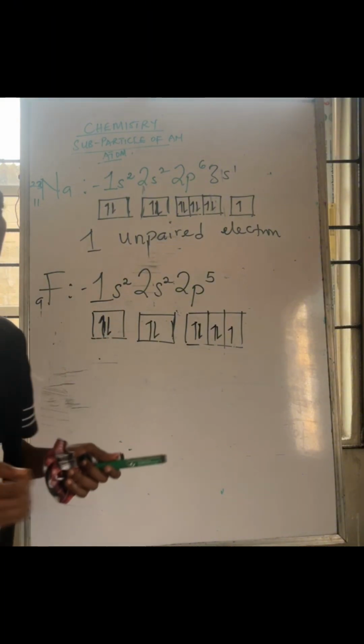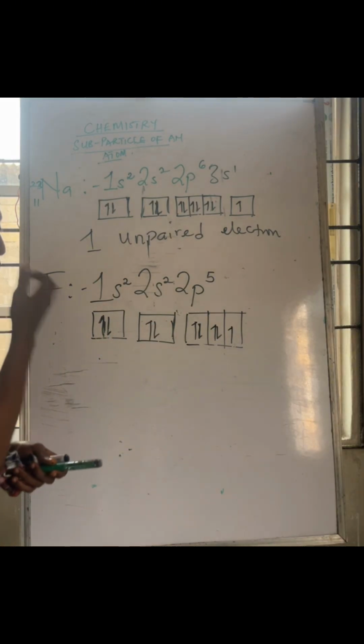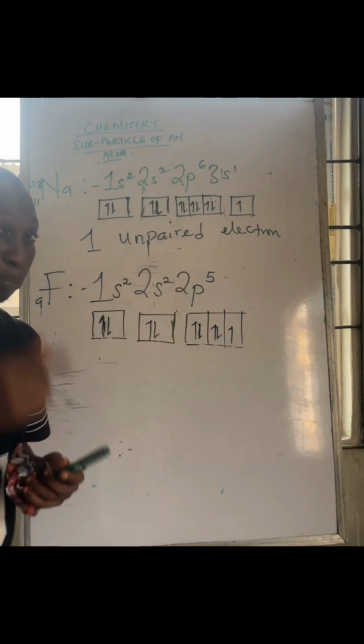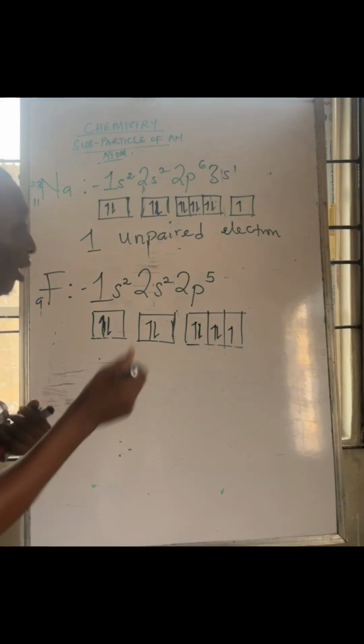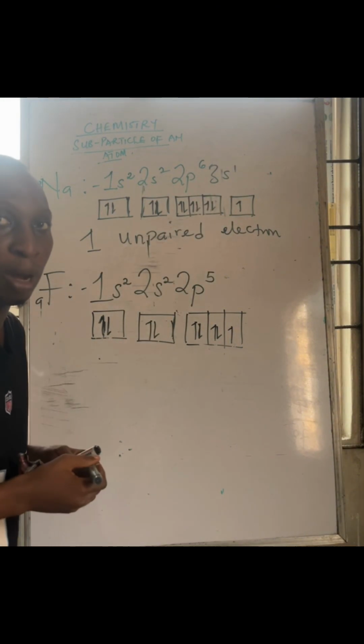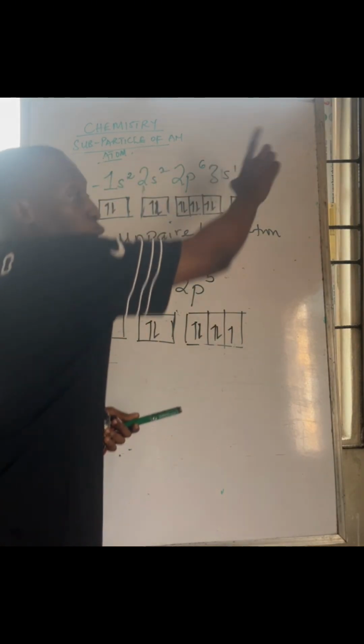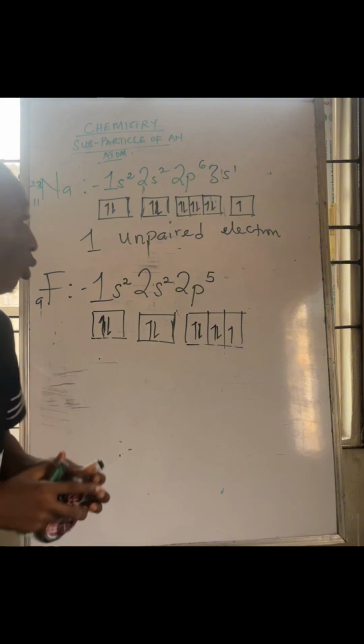Now there is a very sweet, very fast trick to getting the number of unpaired electrons other than doing all of this. Simple. The idea is, look at this. For this one, how do I get to know the number of unpaired? All you have to do is go through the electronic configuration.